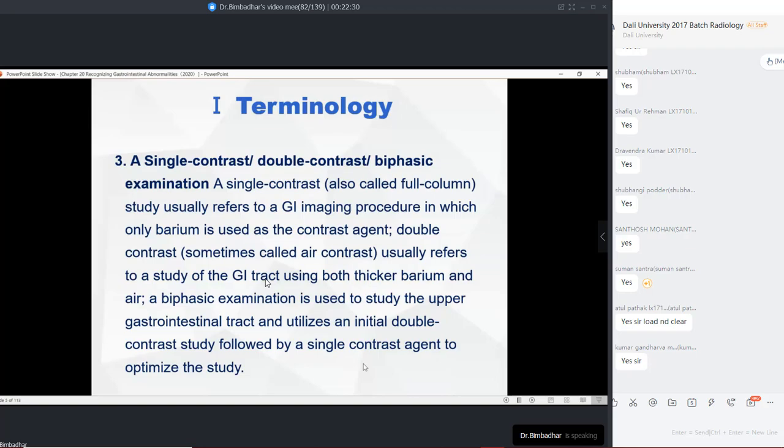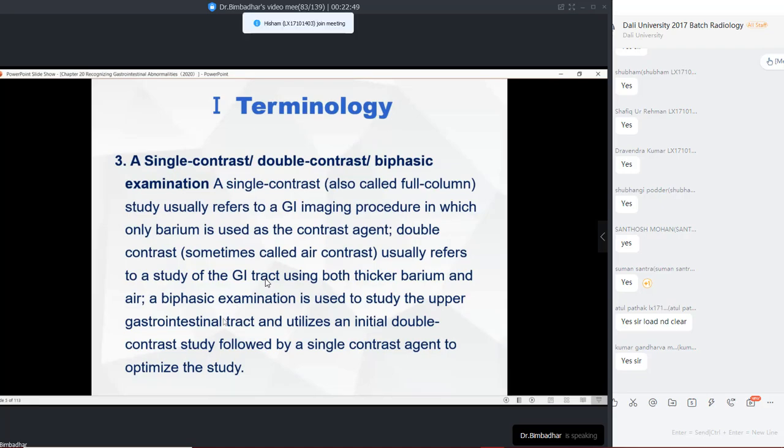It means we are virtually creating an environment that poses as the food particles trying to enter the GI tract. So that is the benefit of the biphasic examination, right?